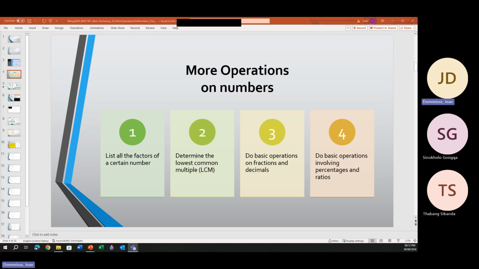And then we will look at a few examples where we need to look at percentages and ratios. With the ratios, they might say you've got a certain amount of money and you need to divide it into a certain ratio between three people.